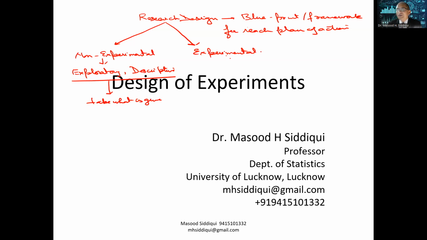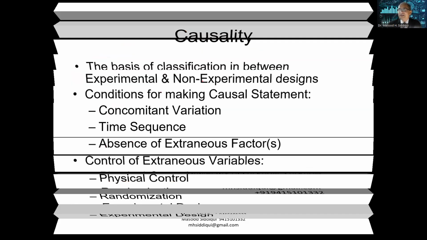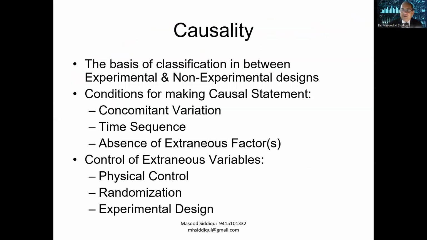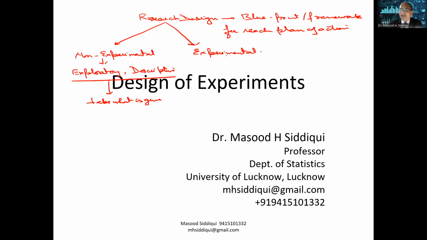Now we will go with the experimental research design and the design of experiments related to that. So what is the difference between these two? As we have discussed, in non-experimental design we take what is given, so it does not provide the causal relation.